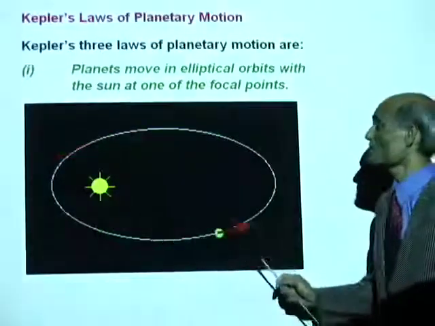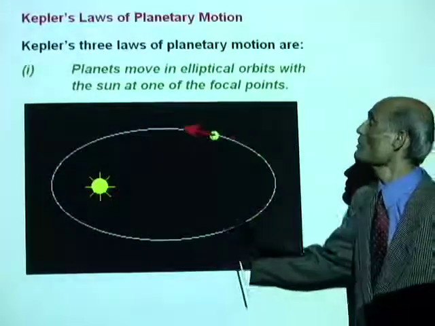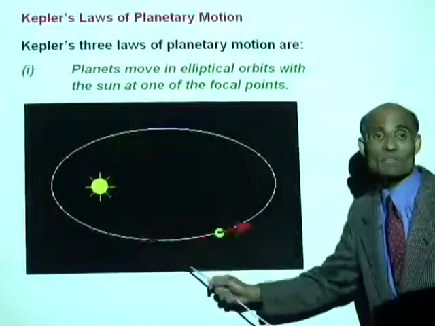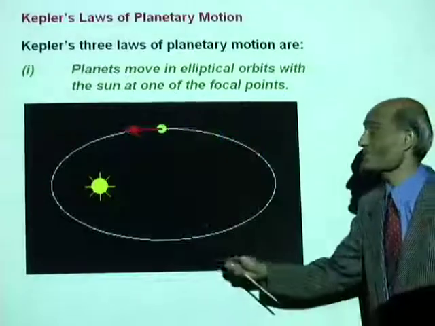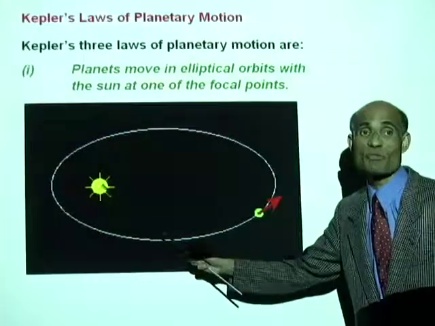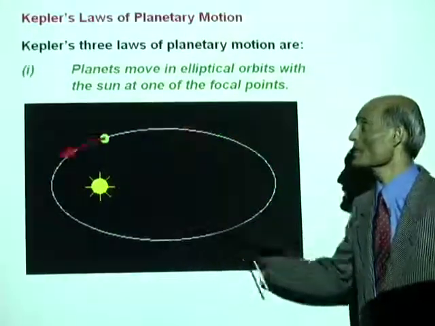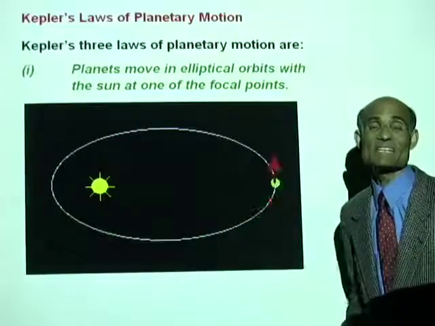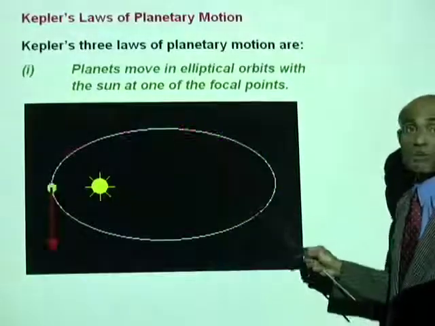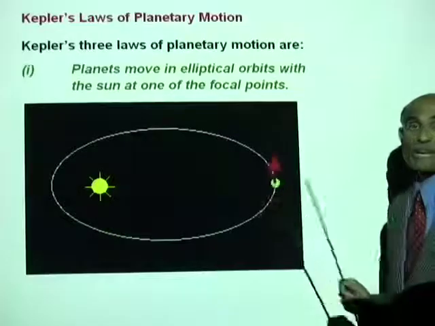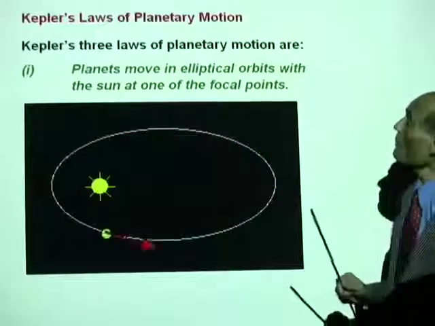Now, here's an illustration of it. Planets move in elliptical orbit with sun at one of its focal point. You can see this ellipse. The sun is at the focus. The other focus will be somewhere over here. Alright.